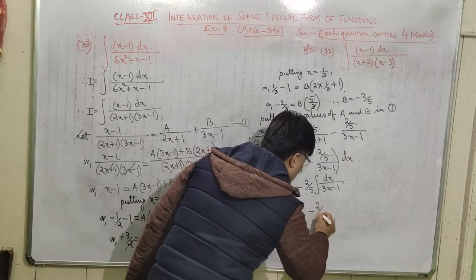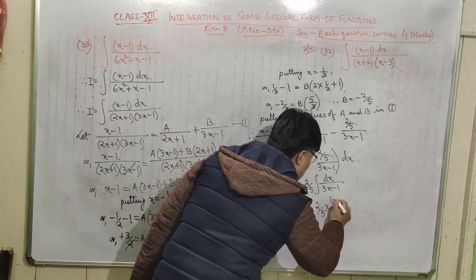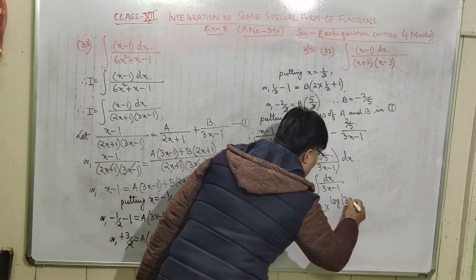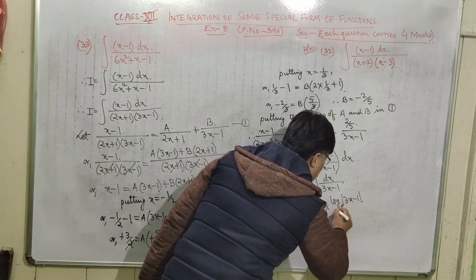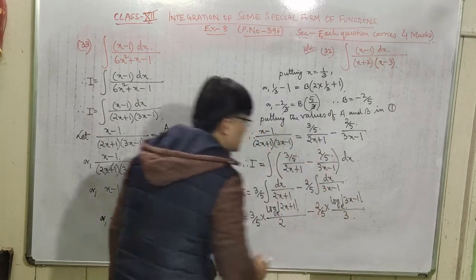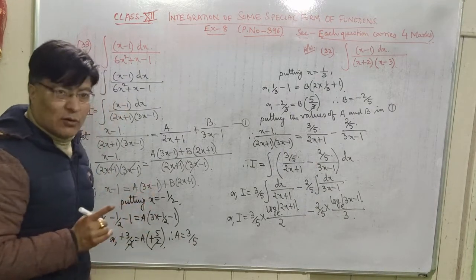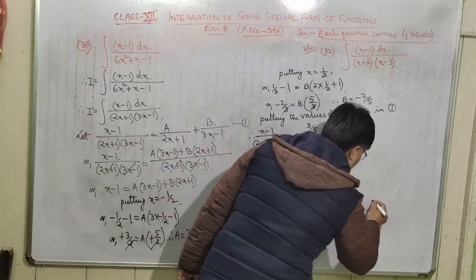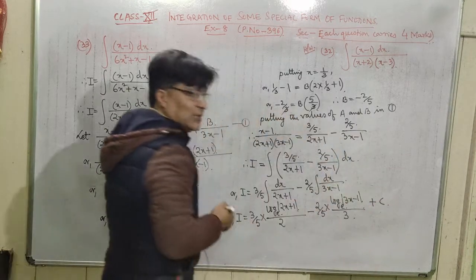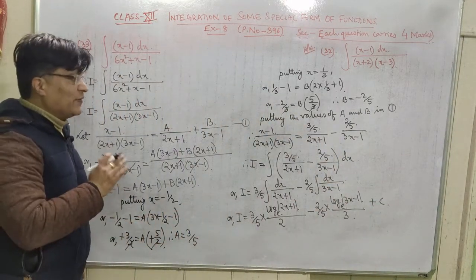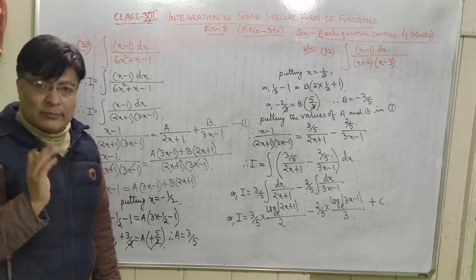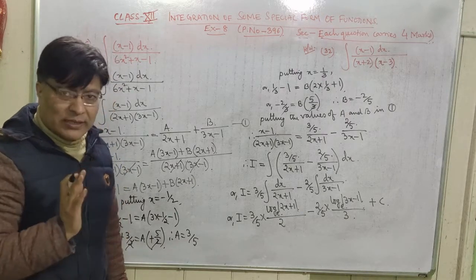Minus 2 by 5 into, this is log within mod 3x minus 1, the base is e, whole divided by, differentiation of 3x minus 1 is 3. So we have integrated all the terms. So you have to write down plus c. Okay. So in case of indefinite integration, in the answer you have to write down c. I told you already this one.